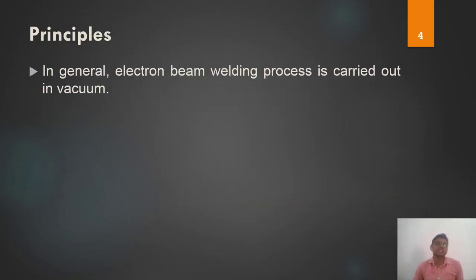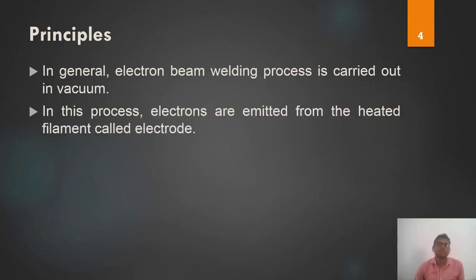First point is that electron beam welding is carried out in vacuum generally. If you want more benefit out of electron beam welding, then you have to carry it out in vacuum. Here there is a filament, a tungsten filament, that is heated up to a certain temperature.